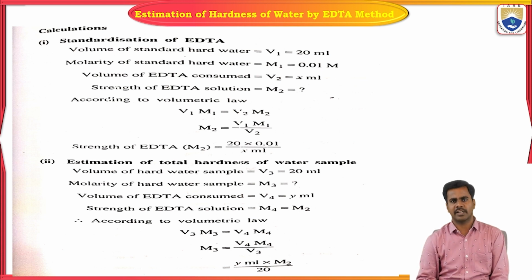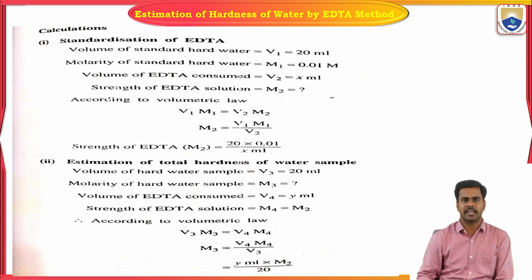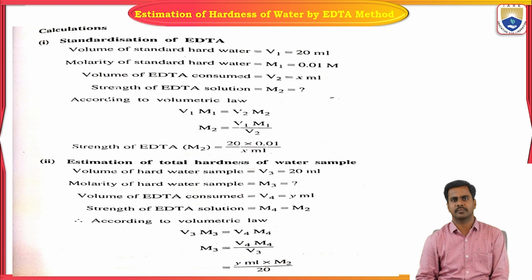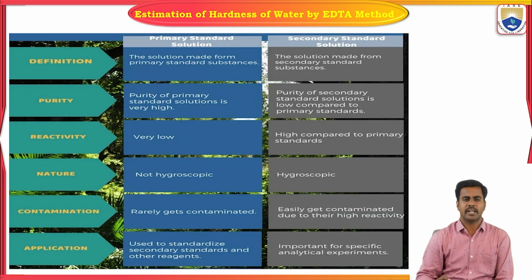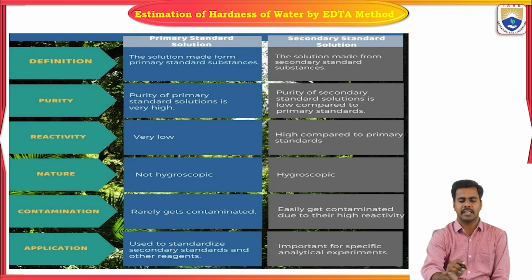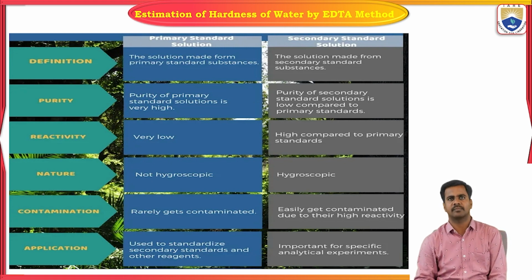So let us see the difference between a primary standard and a secondary standard. Then we can get clarity on why we should standardize EDTA. So look at this, coming to the definition of standards, that is primary standard and secondary standard.